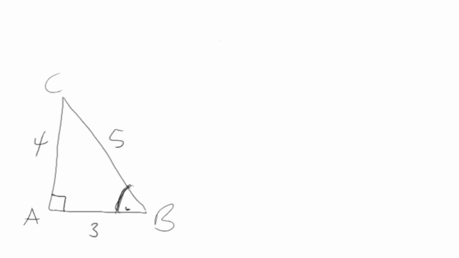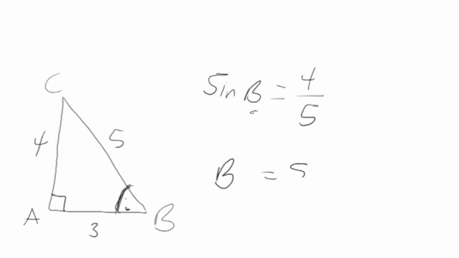I can use any of the ratios because I have all the sides. So I can use sine B is equal to opposite over hypotenuse, which is 4 over 5. So if I want to find the angle B, B is equal to sine inverse of 4 over 5.